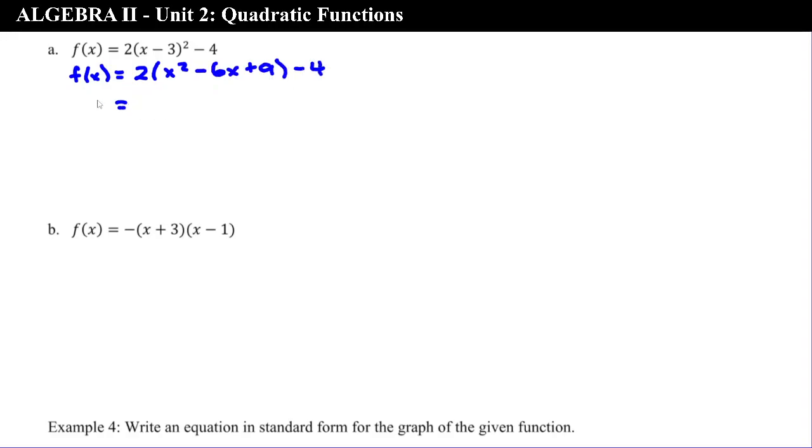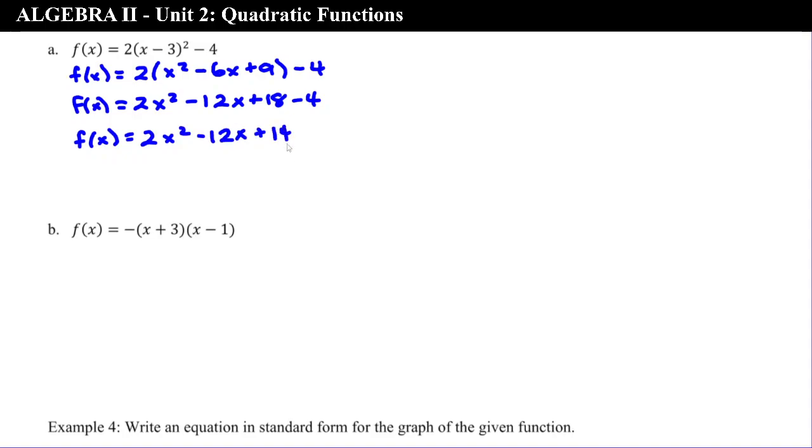We're going to distribute out our 2. So we have 2x squared minus 12x plus 18 minus 4. And then finally, we're going to do 18 minus 4 on the end, and that gives us plus 14. And now we have it in standard form, where a is 2, b is negative 12, and c is 14. So you'll notice it doesn't really take very long to convert it to standard form when you're dealing with numbers.